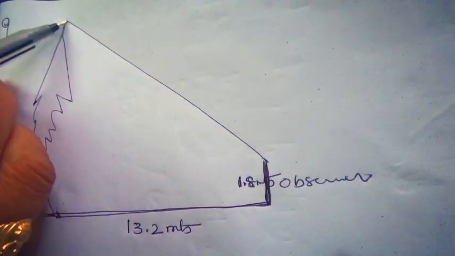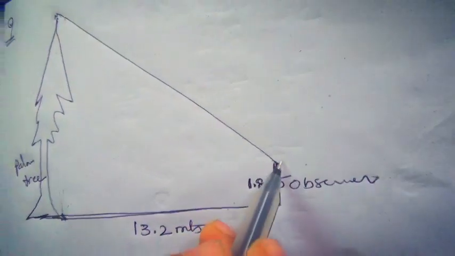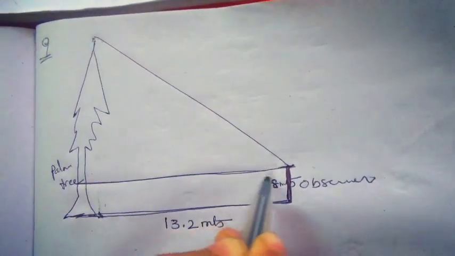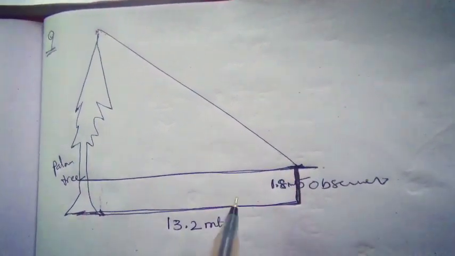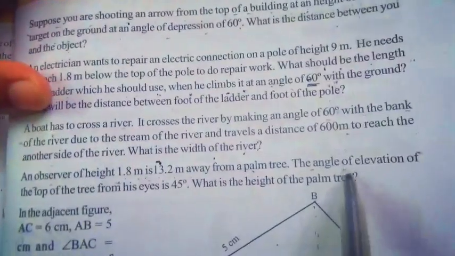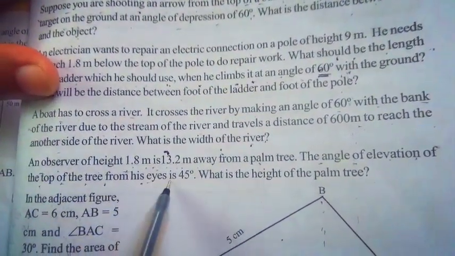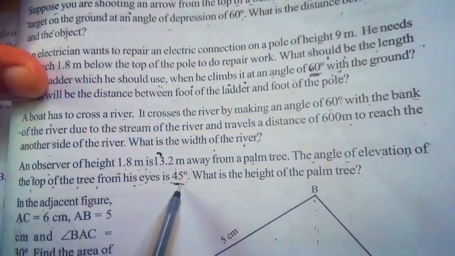The angle of elevation to the top of the tree from the eyes. Look here, from the eyes we have to take at this height. In the question, what was given? The angle of elevation of the top of the tree from his eyes is 45 degrees. What is the height of the palm tree?